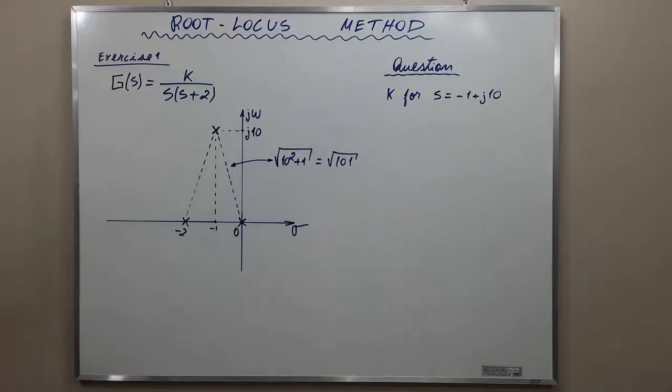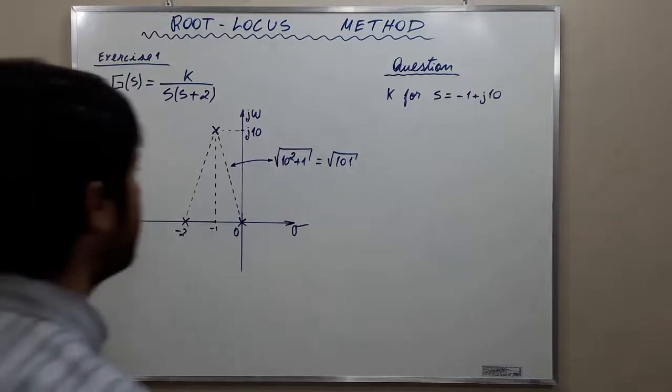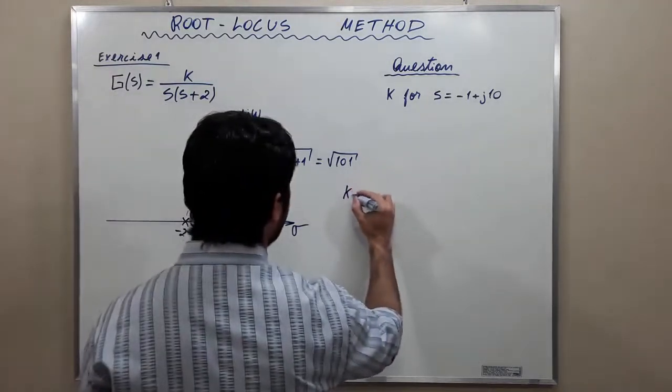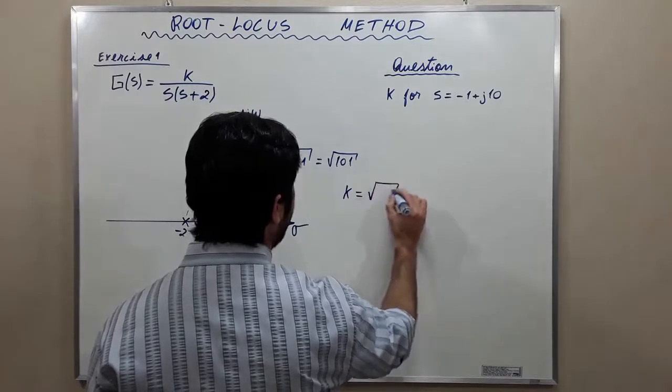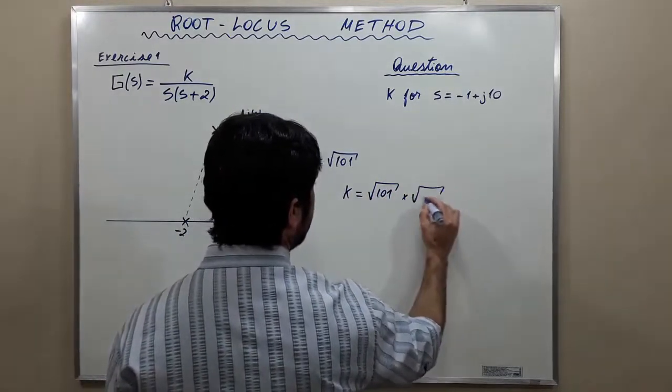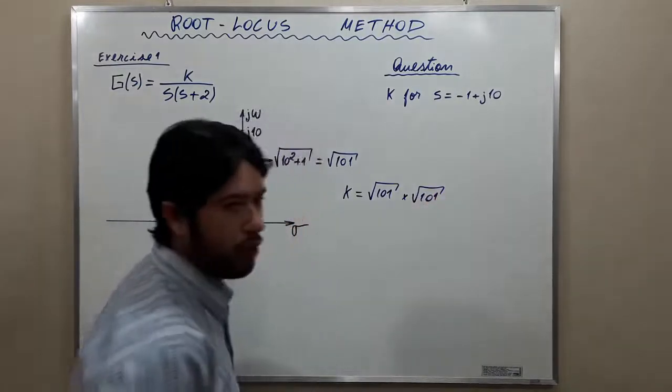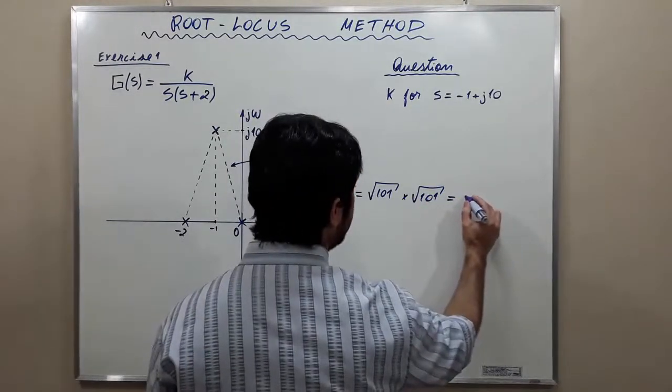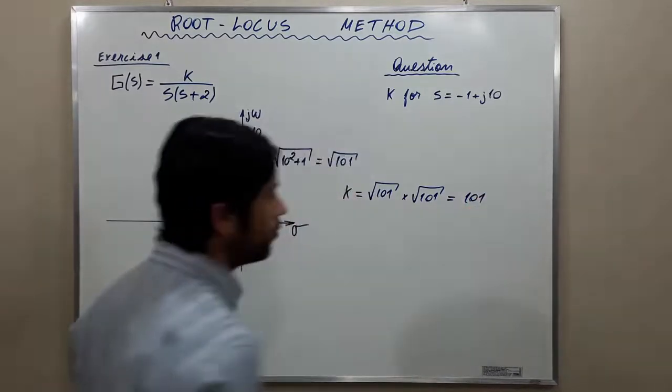The gain at the given pole is the product of the lengths from the poles divided by the product of the lengths from the zeros, which means that the gain K is equal to the square root of 101 times the square root of 101, which is 101.